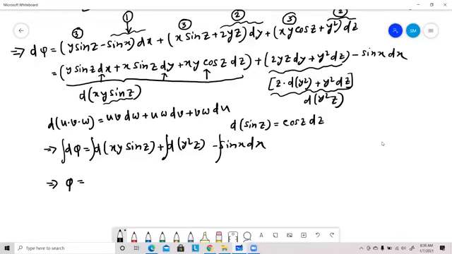Phi কি হবে? xy sin z plus y squared z minus কি হবে? minus cos x, minus cos x That means cos x. We know plus c. differentiation of sin x equal to minus cos x. So these are required the scalar potential function phi. ঠিক আছে?